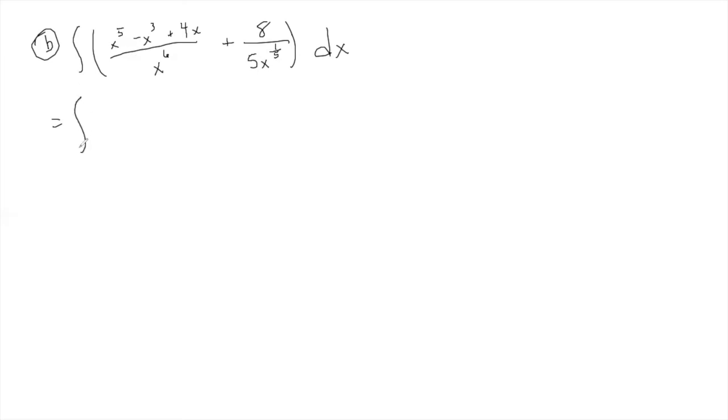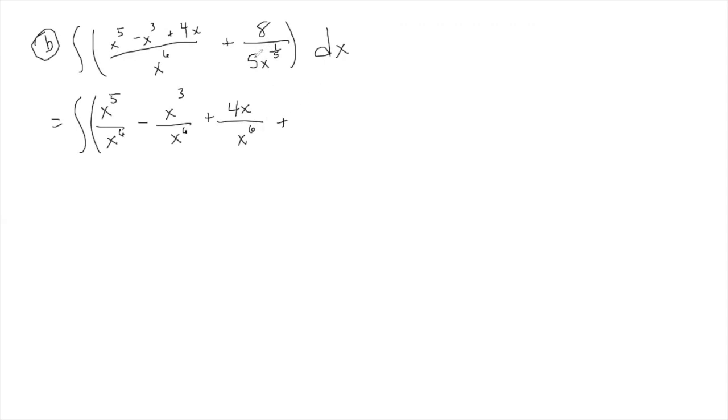Remember how fractions work, right? I can write a fraction like this if there's a common denominator, or I can write it as a separated out grouping of things. Like this. I want to do this.